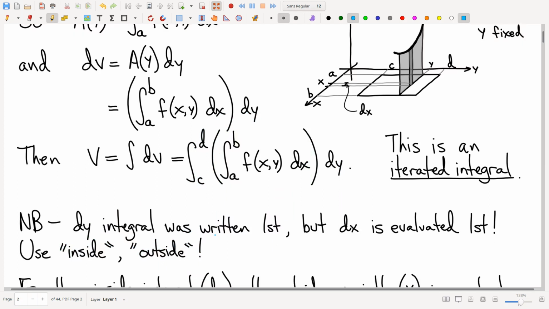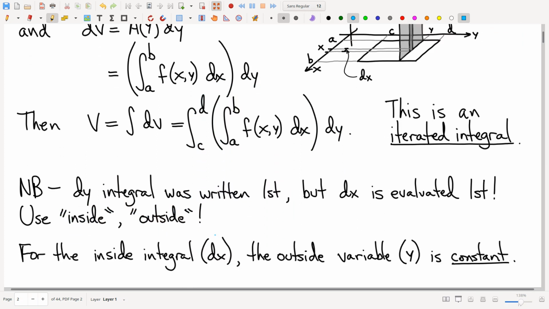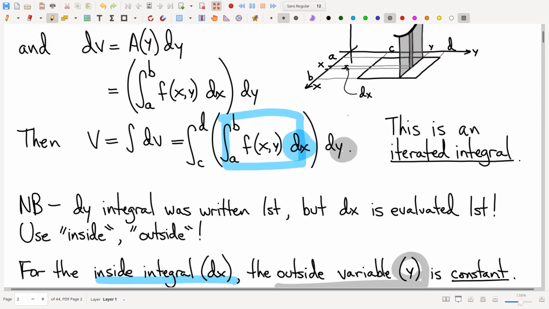Okay, another point to keep in mind. Once you've got an iterated integral looking at you, it is easy to lose track and forget what happened, where this came from, and thus, how to treat what's going on. But when you're doing the inside integral, whichever one is on the inside, that outside variable is to be treated as a constant.